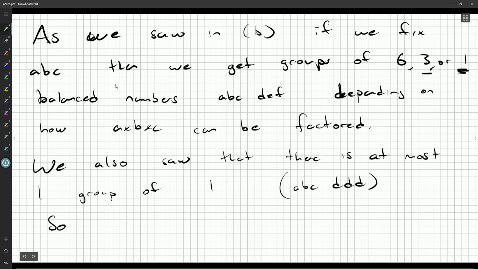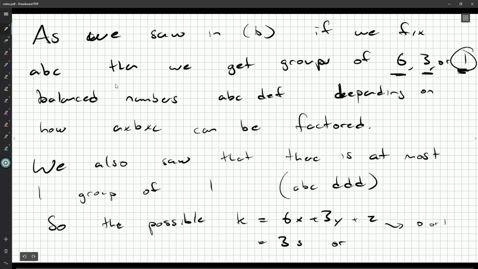So since they come in groups of 3s and 6s and possibly 1, the possible k must look like 6 times something plus 3 times something plus z, and z is either a 0 or a 1. But I guess we can really say it looks like 3 times something or 3 times something plus 1. Because these are multiples of 3 already.